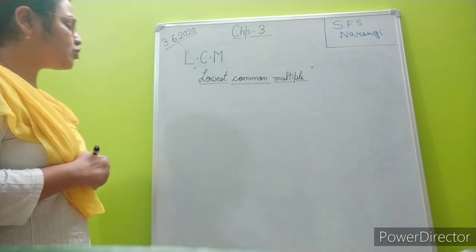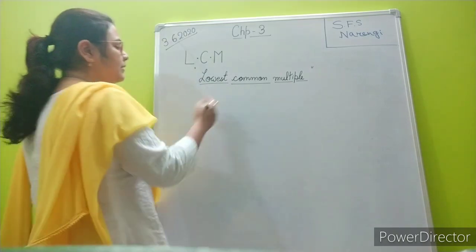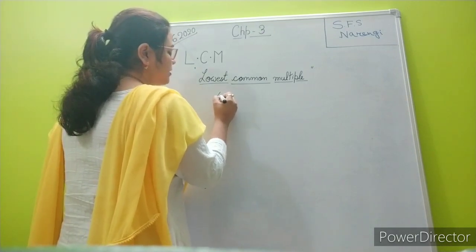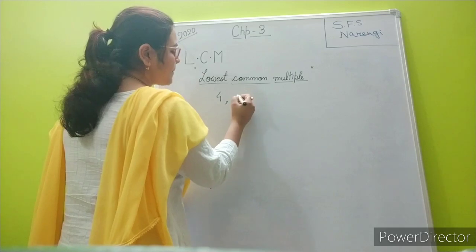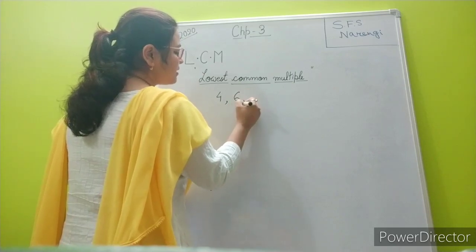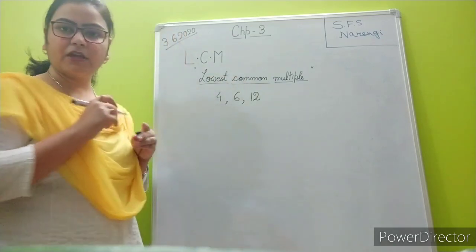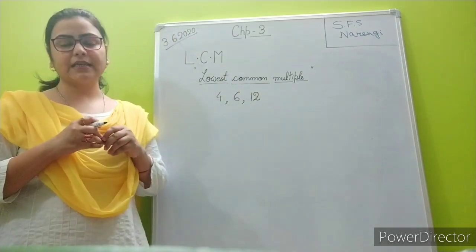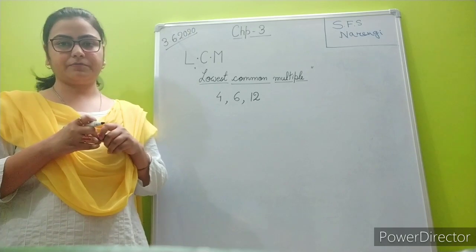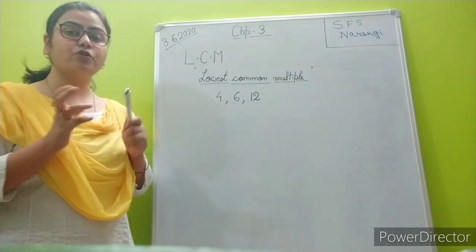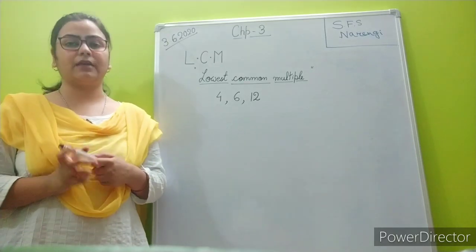Right? So, let us take the numbers, say 4, 6 and 12. Now, what are we going to do? We are going to use the prime factorization method again.